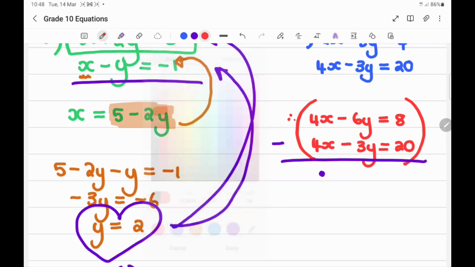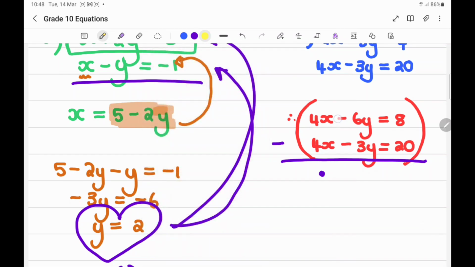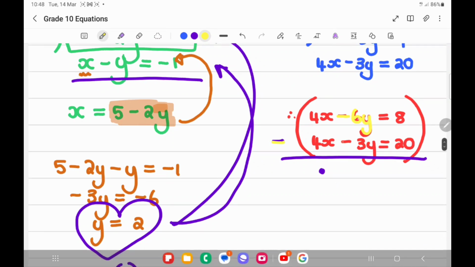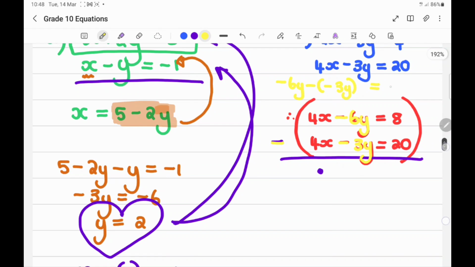So I'm going to do it with another color so that you can see what I'm busy doing. So then I'm going to say negative 6y minus negative 3y. And can you see that that will give you negative 6y plus 3y? Because a negative and a negative makes a positive.